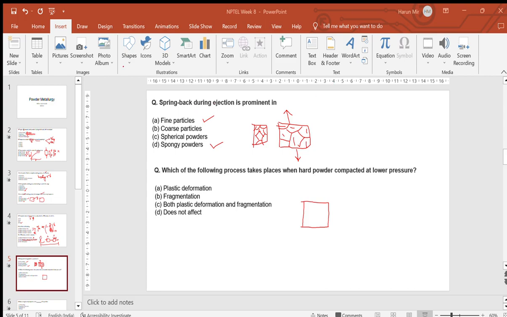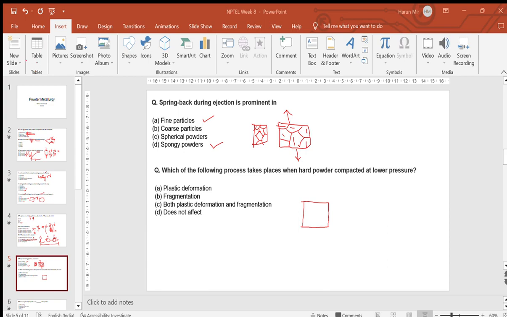While particle size is actually a function of your specific surface area. So morphology and specific surface area are the generic terms that will affect your green strength, while particle size is a consequence of surface area, and shape is related to morphology.